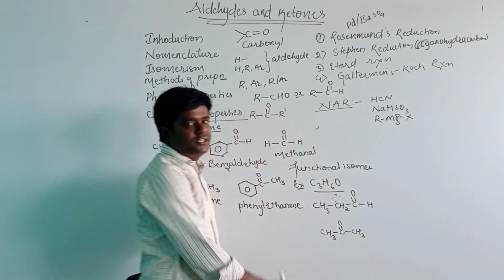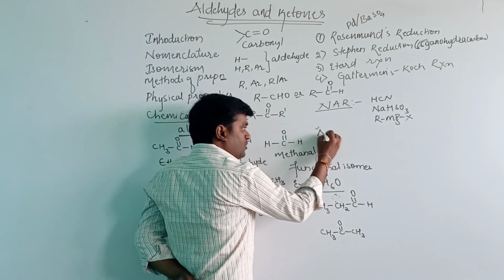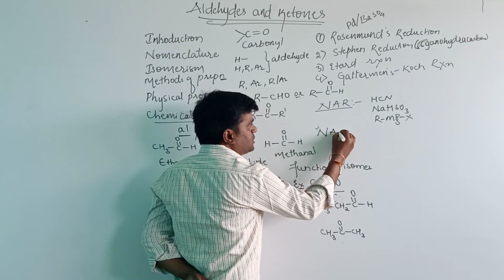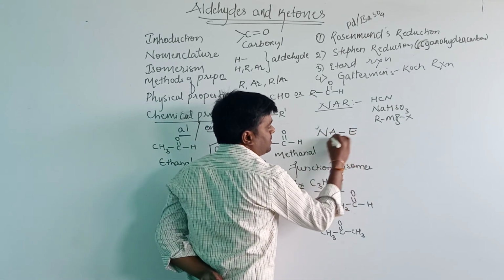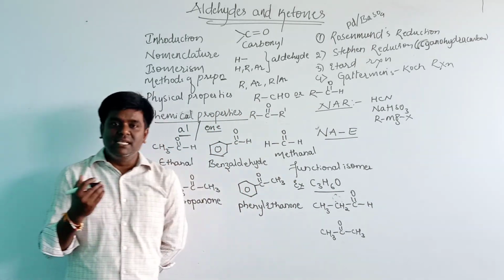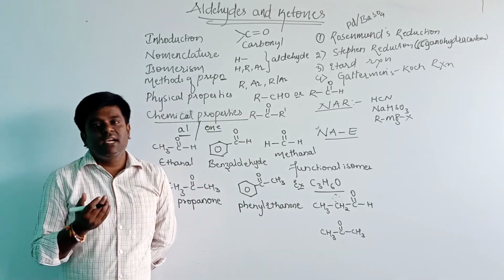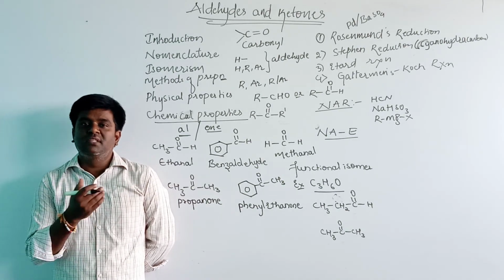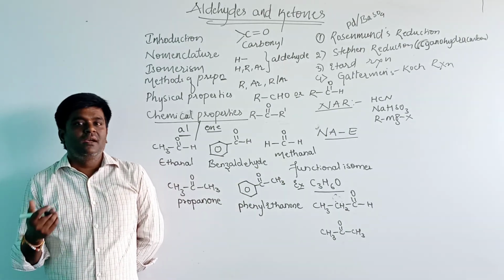And next we have studied nucleophilic addition followed by elimination reaction, that is the addition of ammonia and its derivatives. We have taken only 3 examples, and further examples we will continue in the next class.